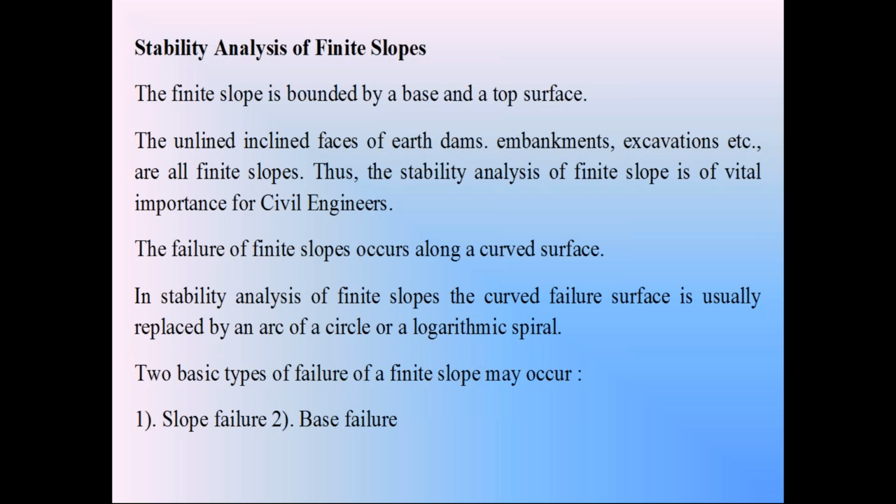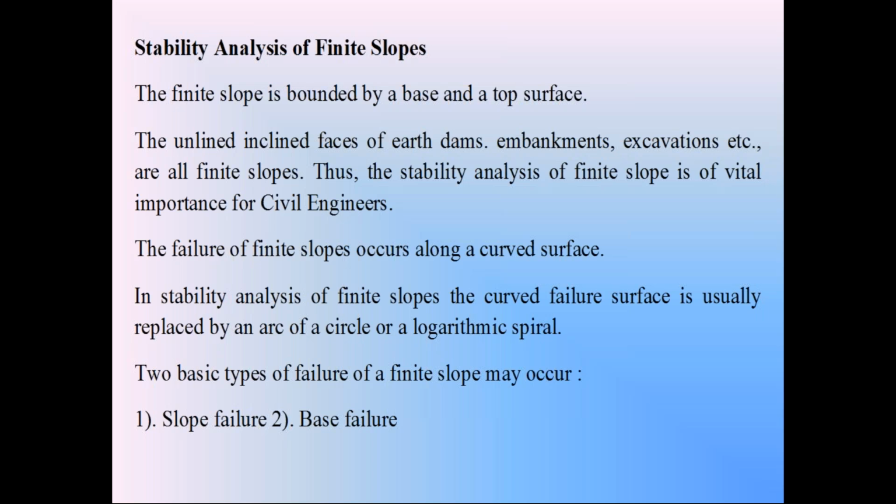So in civil engineering, most of the side slopes we encounter are finite side slopes. Before constructing the structure, that is the embankment or the canal or the earth dam, the civil engineer should thoroughly analyze the stability of the finite side slope. Stability means the identification of the failure surface in that side slope.